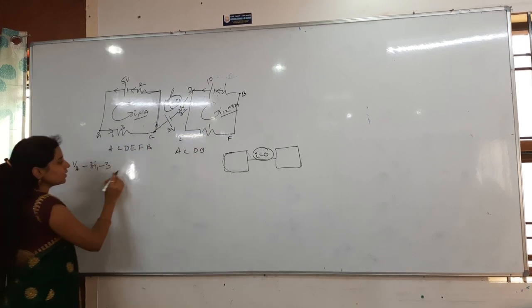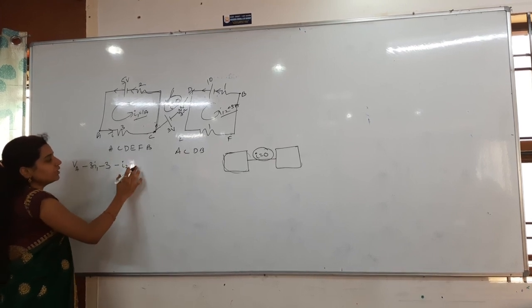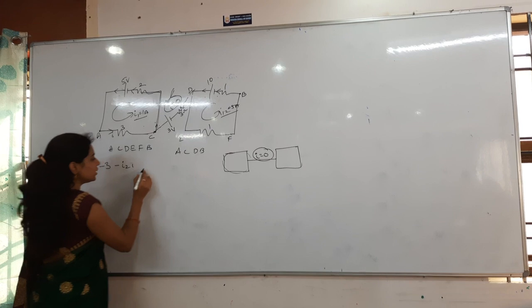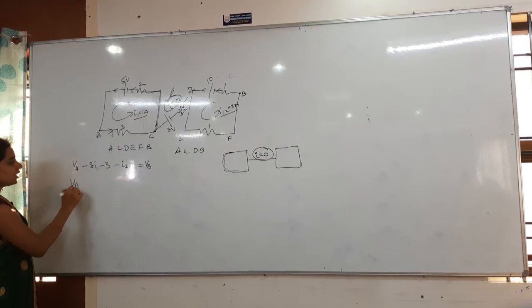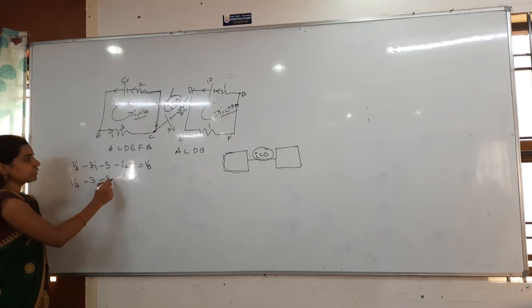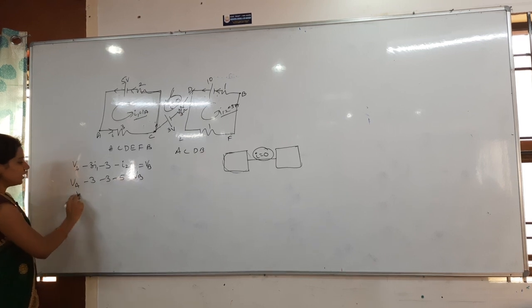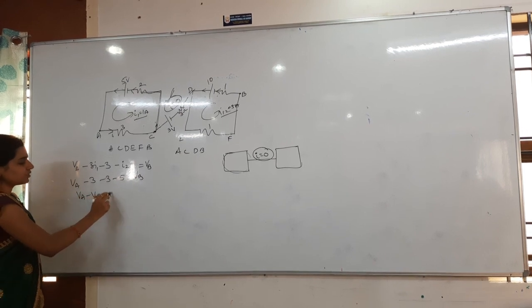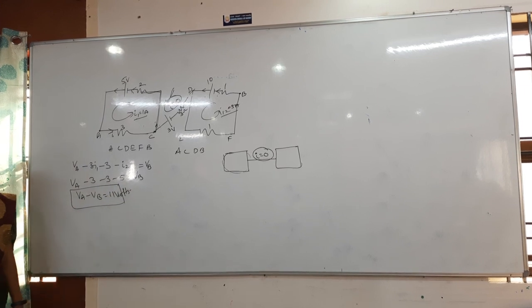Here I got a resistor. Then that is how much? I2 into 1. And then after that we are getting the point B again directly, VB. Now this is VA minus 3 into I1 is how much? 1 only. Minus 3 minus I2 is how much here? 5. That is equals to VB. And then VA minus VB is equals to how much? You will get 11. 11 volts is the potential here.